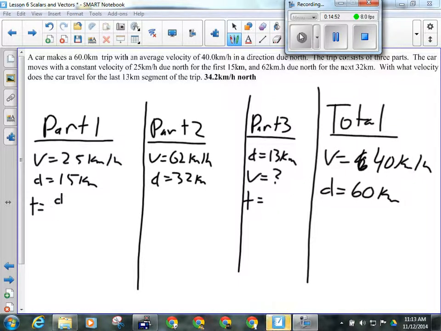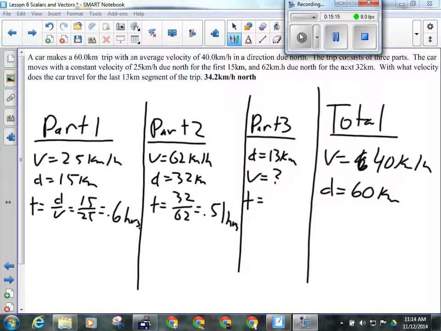Time equals d over v. That's 15 over 25, and that's 0.6. For part 2, same thing: t equals d over v, 32 over 62, and that's going to give me 0.51. These are all in hours, I should put units on those.